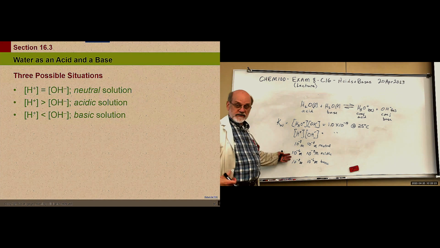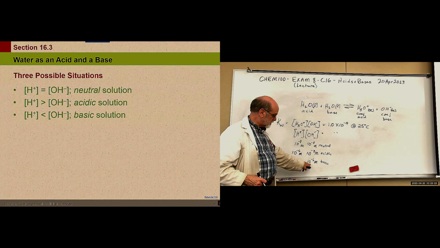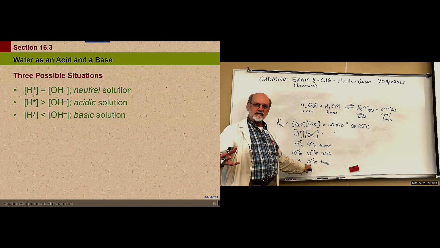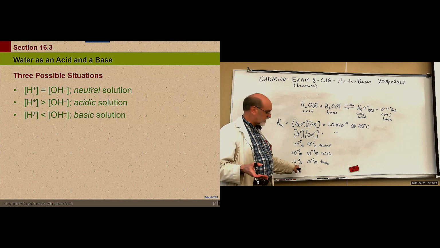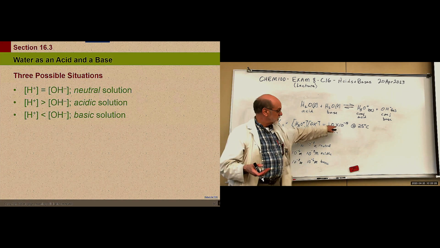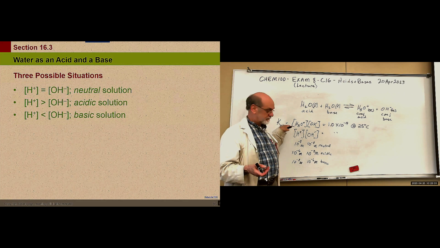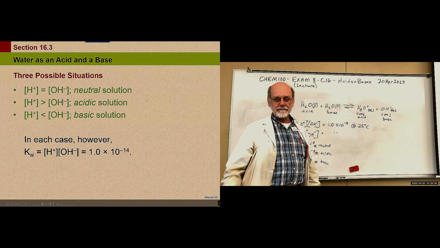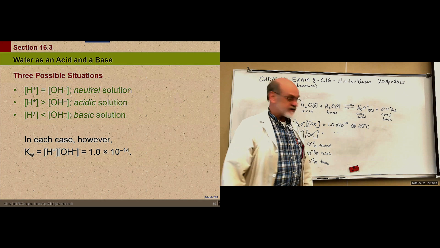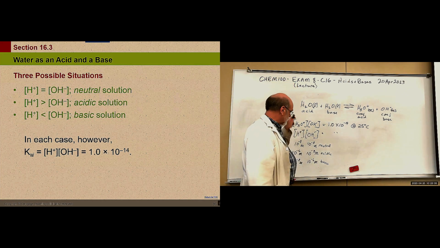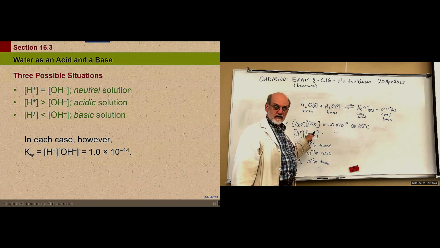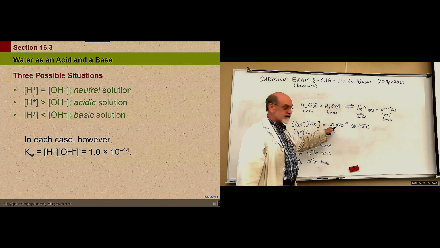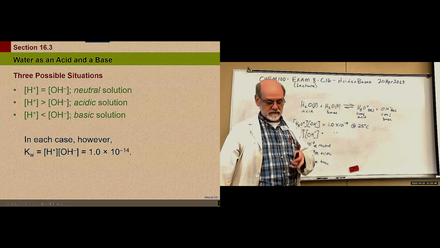And there are other examples, right? If this one gets bigger and bigger, 10 to the minus 5, 10 to the minus 4, 10 to the minus 3, then this one has to get smaller proportionately based upon that relationship. In each case, it's always hydrogen ion times hydroxyl ion concentrations equals that value. Always.